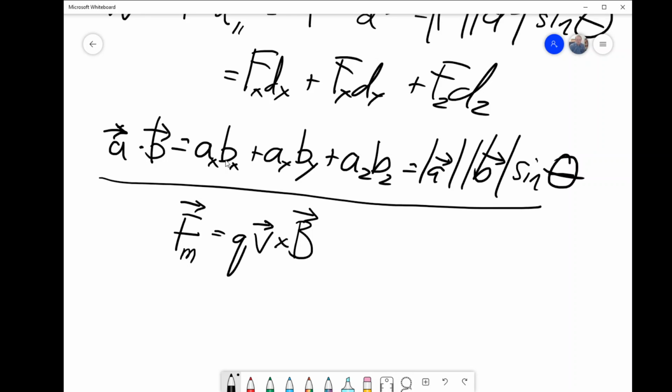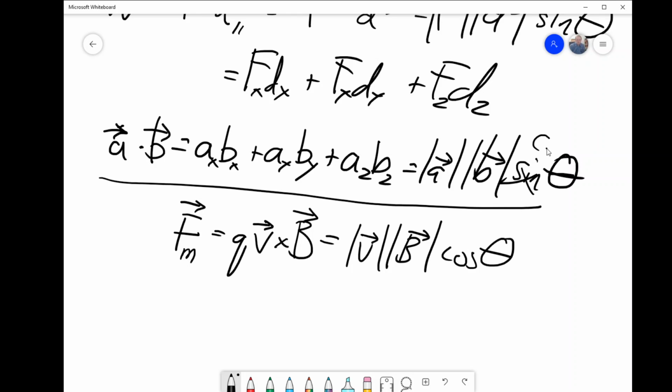Now, this also has an expression similar to the one for the dot product. It's also the magnitude of V times the magnitude of B, but this time times the sine of the angle between them. Remember, cosine is maximum when the angle is 0.